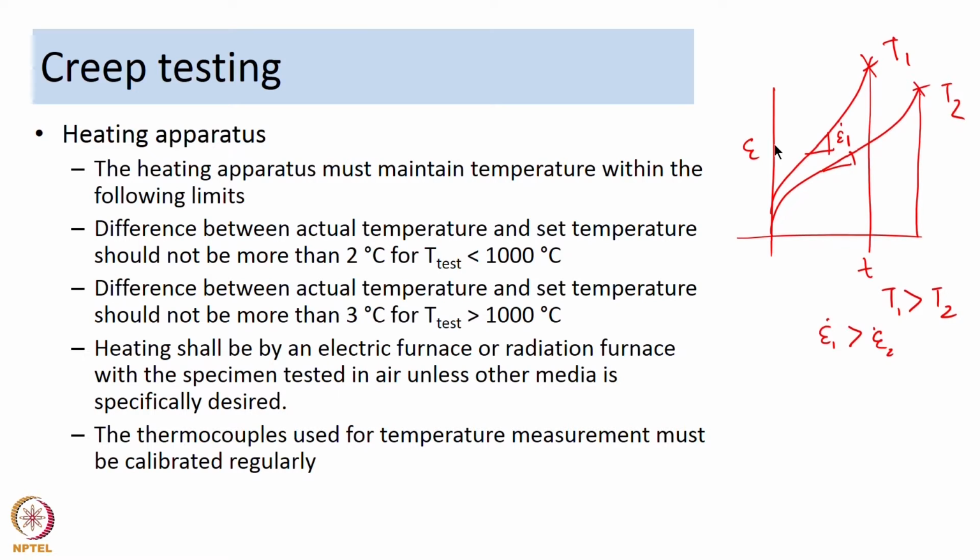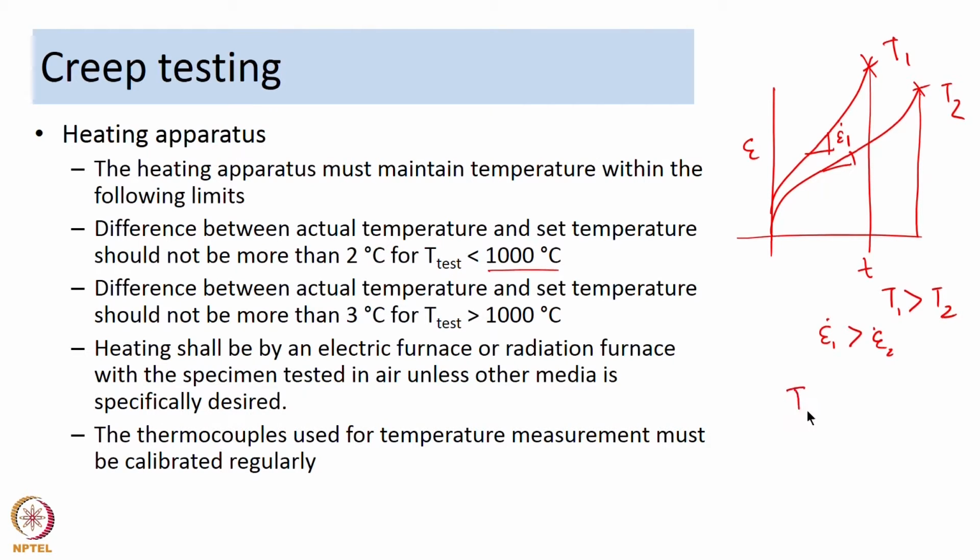So, the heating apparatus must maintain temperature within certain limits. Say if your test temperature is T test and you are carrying out your test at temperatures lower than 1000 degree centigrade, then the maximum variation of the sample temperature is 2 degrees.